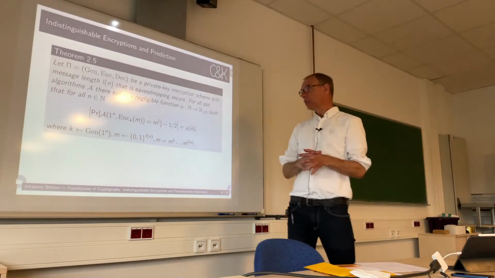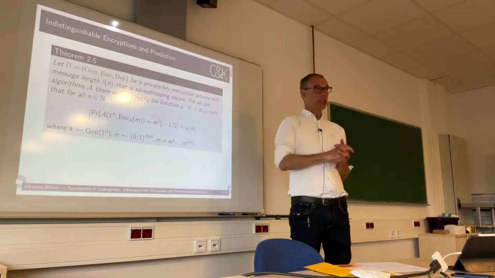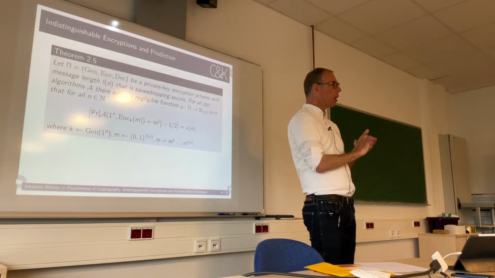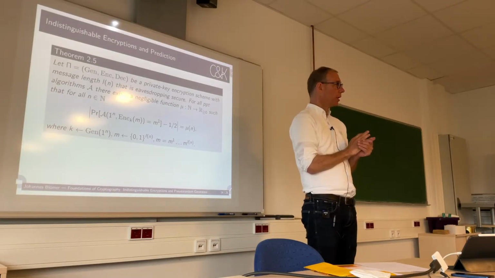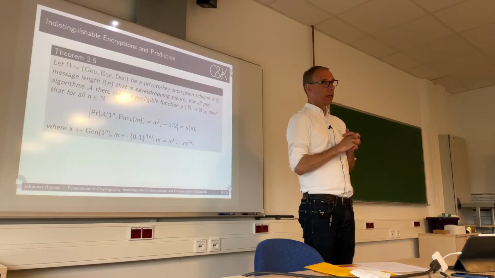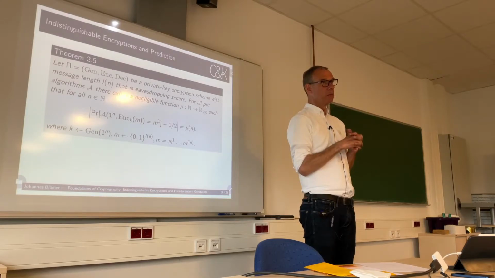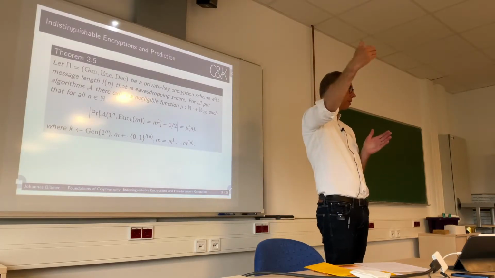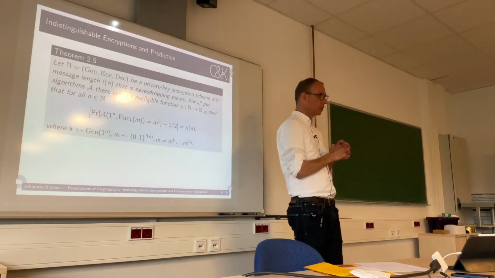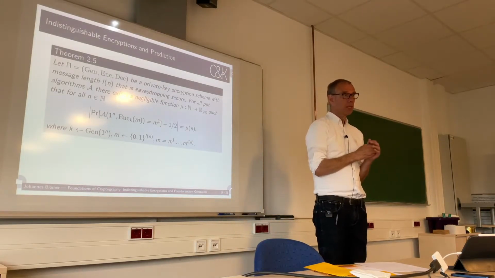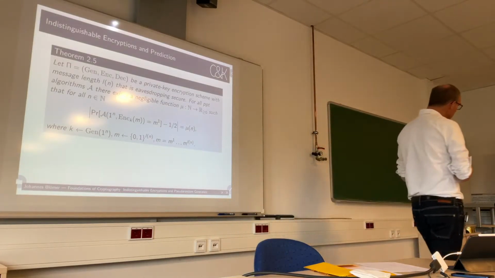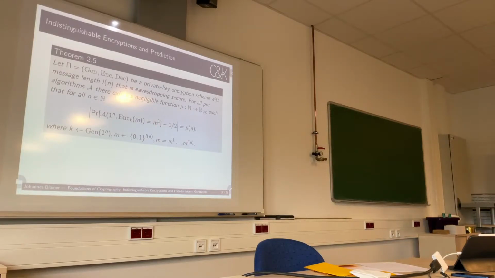If it's eavesdropping secure, then given the encryption, no probabilistic polynomial time adversary can predict the first bit of the underlying message except with roughly probability 1/2, roughly, except this negligible factor in front of it. How can we prove something like this?